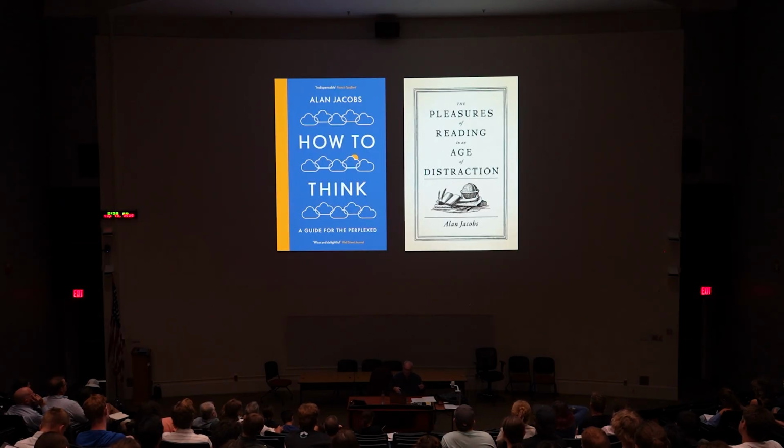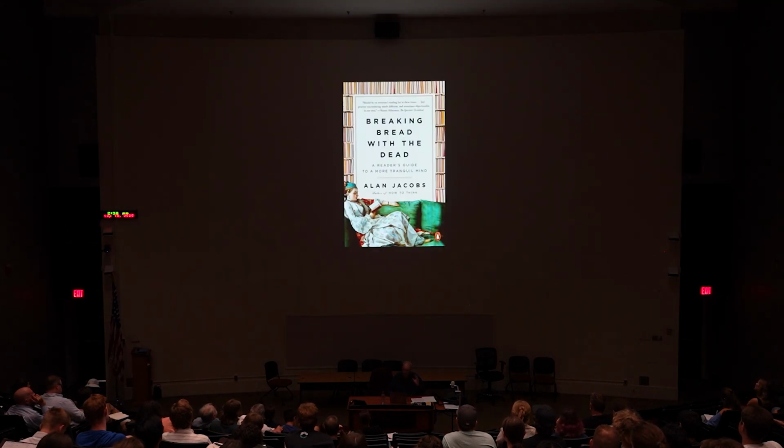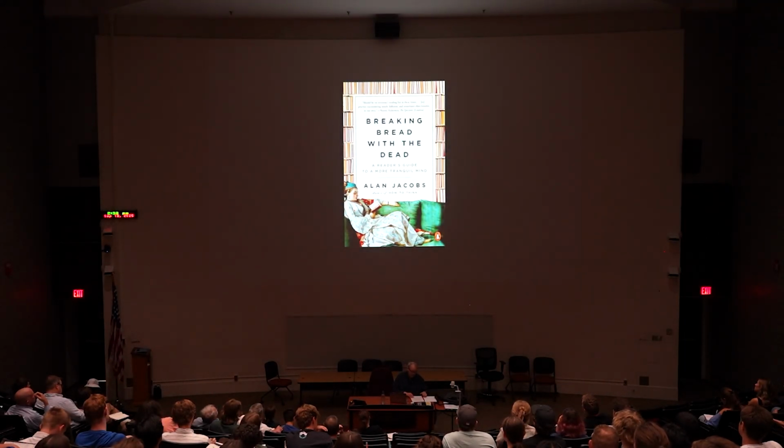The Pleasures of Reading in the Age of Distraction is the oldest one. And then the other 2 came pretty quickly behind each other, How to Think, and that one's very interesting. And they're very readable, they're not big books. And then the last one is Breaking Bread with the Dead.